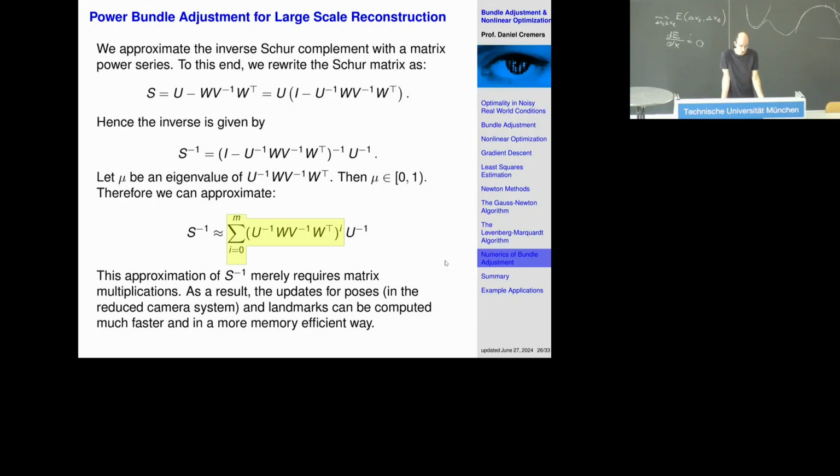In fact, computers and the software libraries were designed, the whole MATLAB revolves around making matrix multiplications fast. So this is something that is easy, and we can do that to any order, and we get a better and better approximation of the inverse of the Schur complement. And so this is fast and numerically very stable to do.